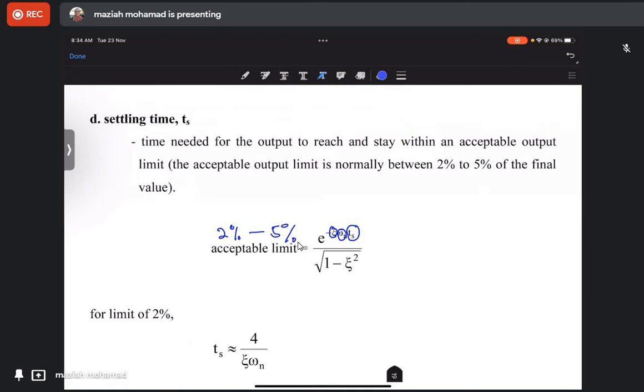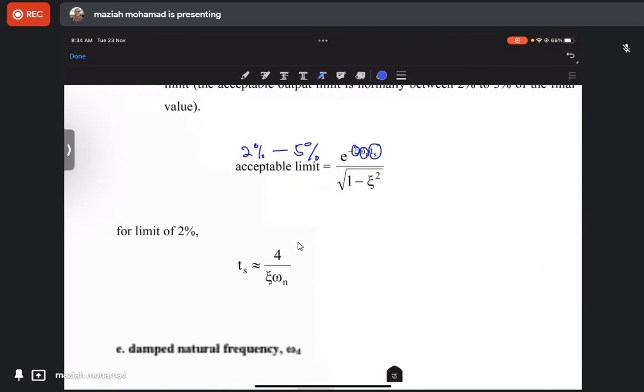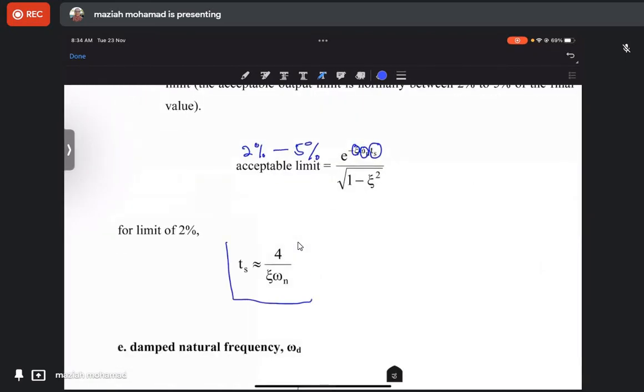Based on the acceptable limit. As for the 2%, the equation here is based on the acceptable limit. So if it is 2%, then we can use this equation. TS is approximately 4 over zeta omega n, depending on the values of zeta and omega n.